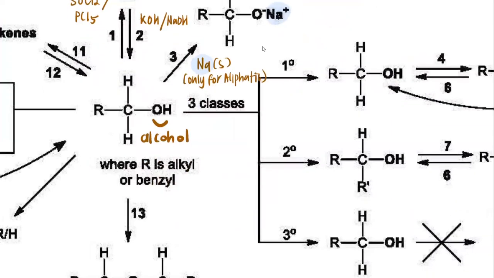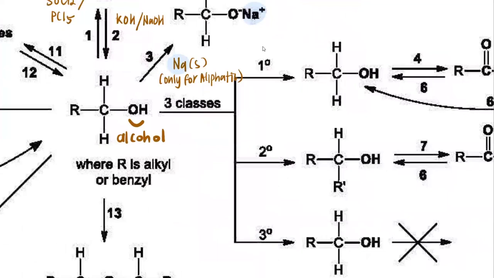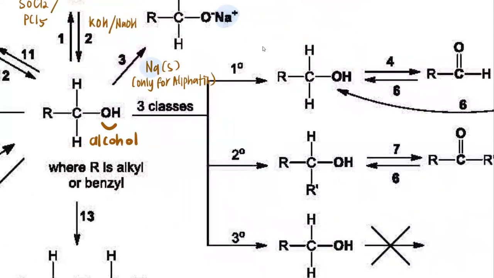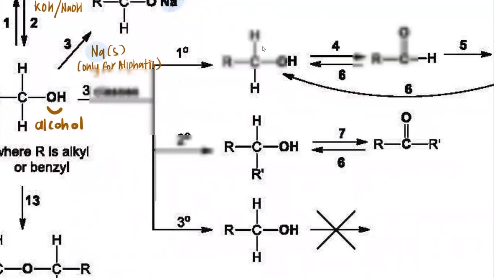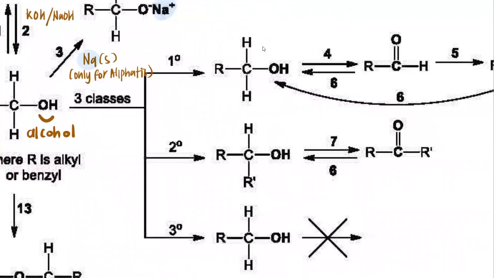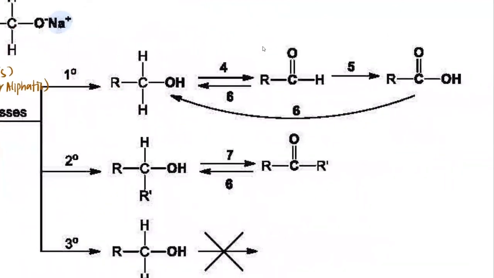Right, next. From alcohol, we can classify it into 3 different groups: primary, secondary, and tertiary. So primary alcohol, if using a mild oxidizing agent like PCC or DMSO, then you can form aldehyde. This is aldehyde. Or else you can also use potassium permanganate in alkaline, but cold.